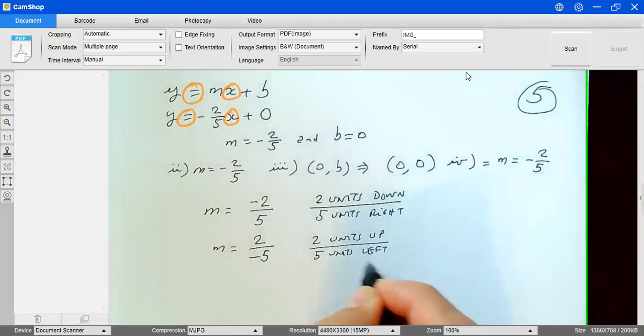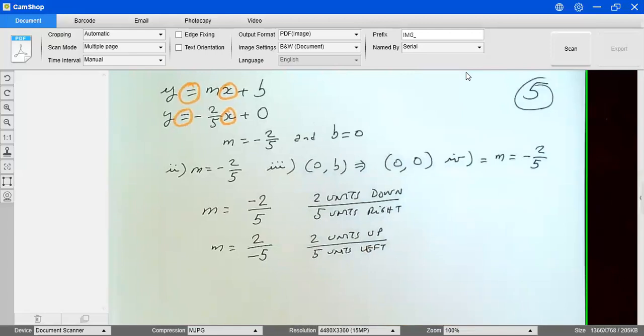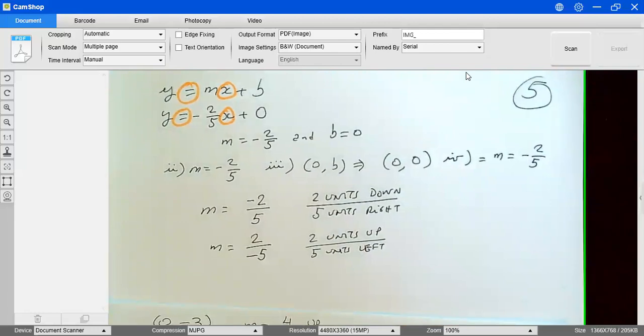So the result is going to be the same whether you use the first recipe or the second one. So let's try this. So I'm going to have now 5a here. So let's work on this.